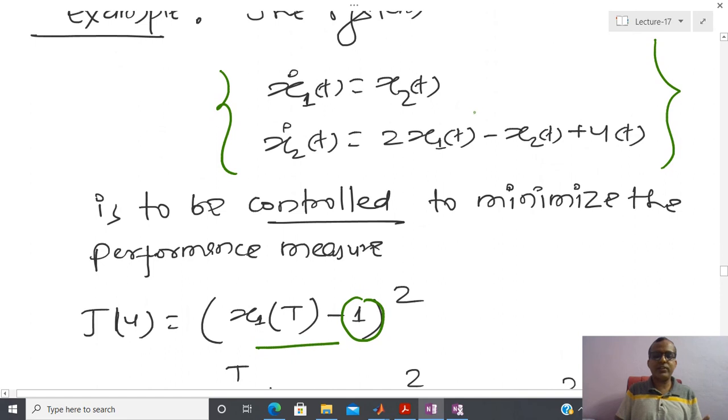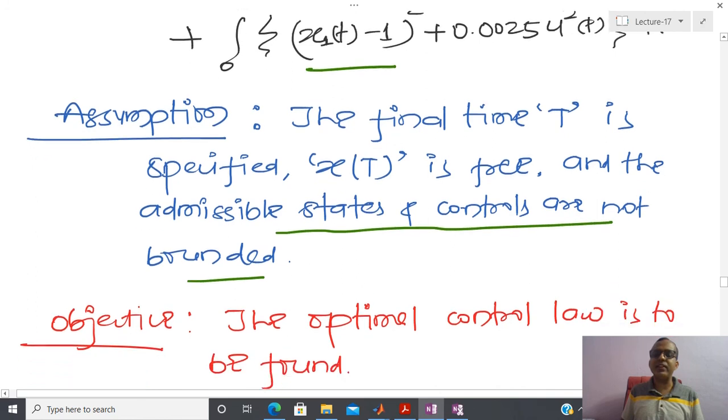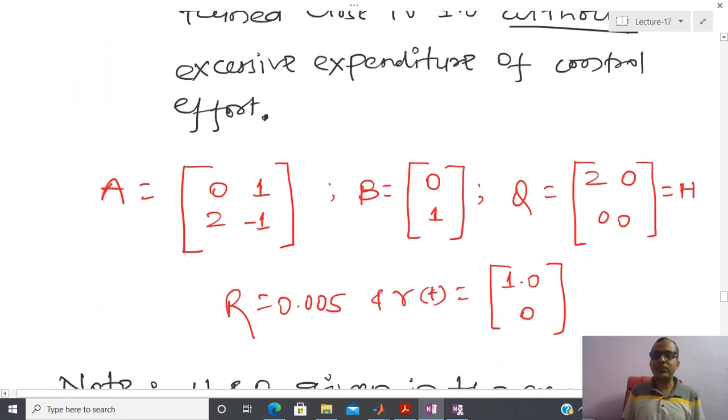But this is a second order system. It means that x2 might be anything. I do not worry about x2. I just have to make sure that x1(t) at the final time t is very close to 1. And due to that reason, I have flexibility on x2.